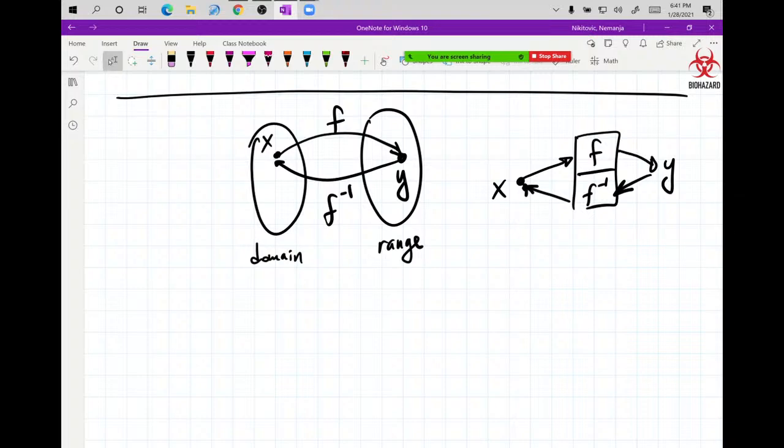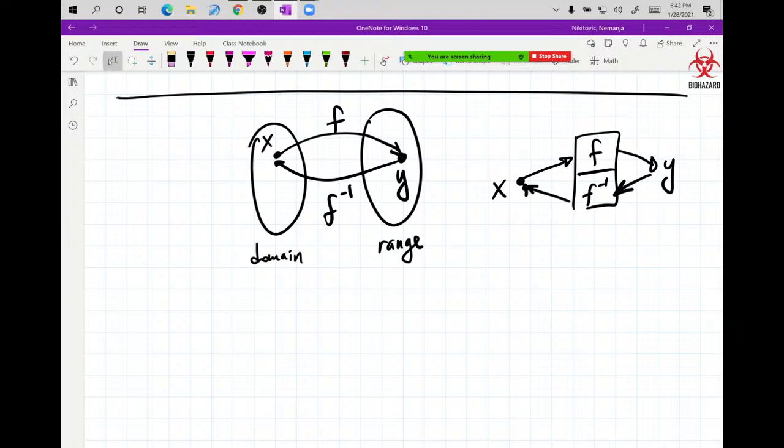Well, the first time I said, does every function have an inverse function? And the answer was no. Does every function have an inverse? Yes. So clearly there is a difference between inverse function and inverse.